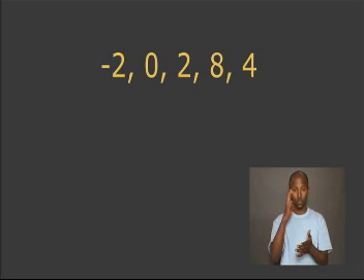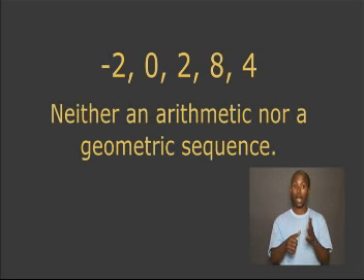That is because it is neither arithmetic nor geometric. It is a sequence of numbers that has no defining formula. Remember that not every sequence can be solved, even if it looks simple.